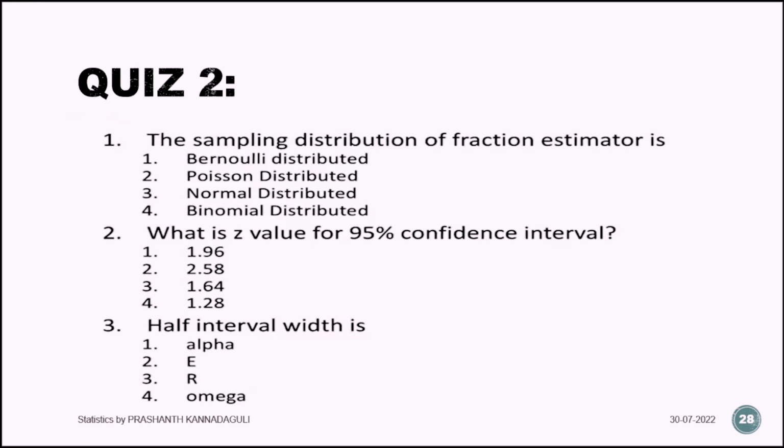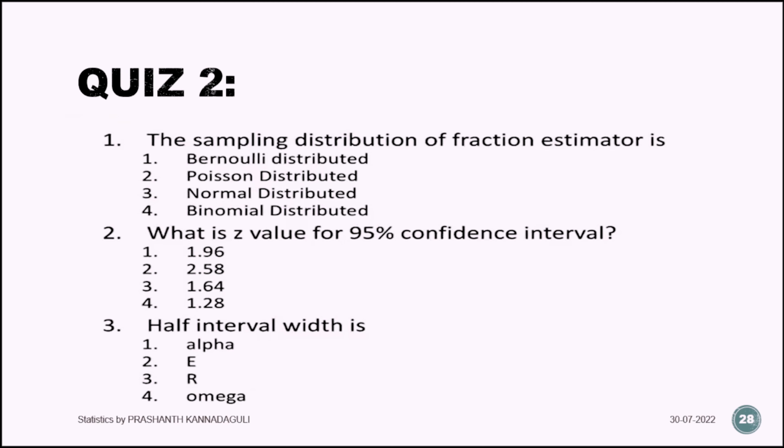So the first question says: the sampling distribution of the fraction estimator is distributed in what way? We are looking at the fraction, and the fraction denotes the p cap. We understood that we converted that p cap into z.